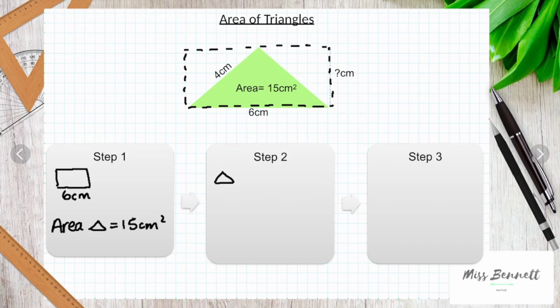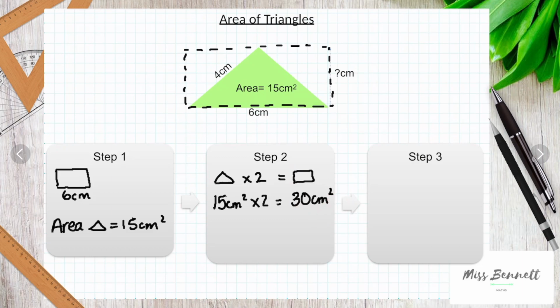Well, if I've got the triangle and I multiply this by 2, this will give me a rectangle. 2 of these green sections together will give me this section and these 2 sections as well, making the full rectangle. The area of the triangle is 15 centimetres squared. Multiply that by 2 will give me 30 centimetres squared. I know now that the rectangle is 30 centimetres squared.